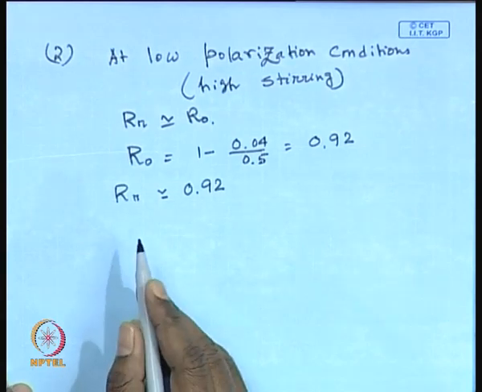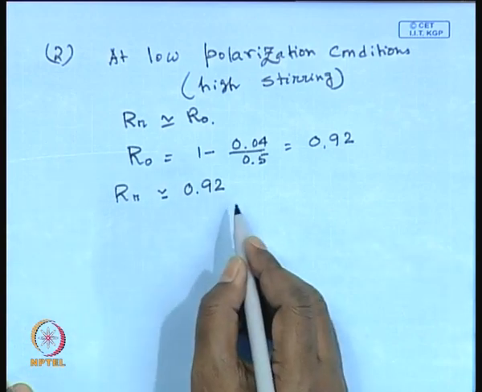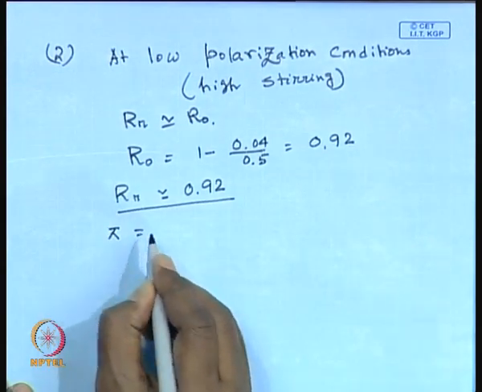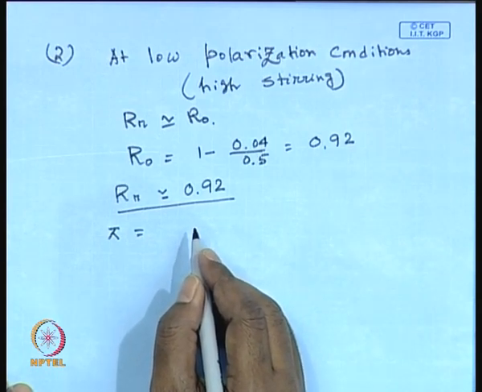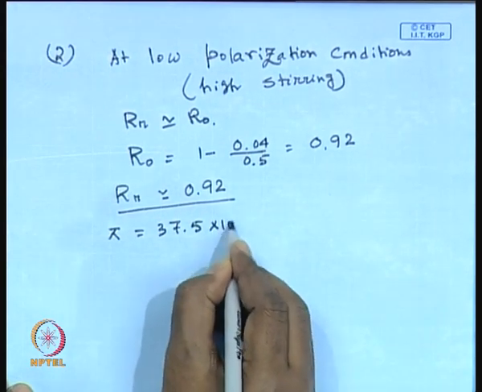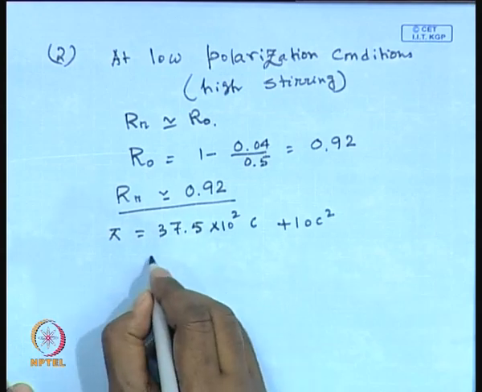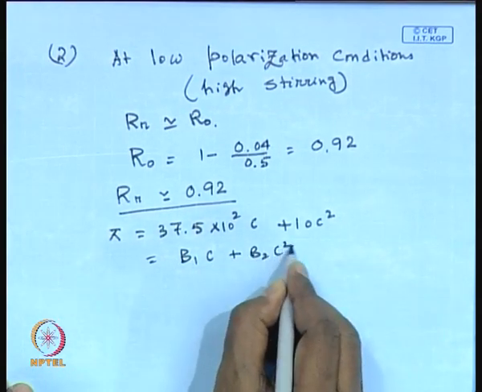So, these are the data, and now all the information is complete. You know the value of LP, you know the value of real retention, and the variation of osmotic pressure with the concentration of the solute is given in functional form: 37.5 into 10 square C plus 10 C square. So, this becomes B 1 C plus B 2 C square.